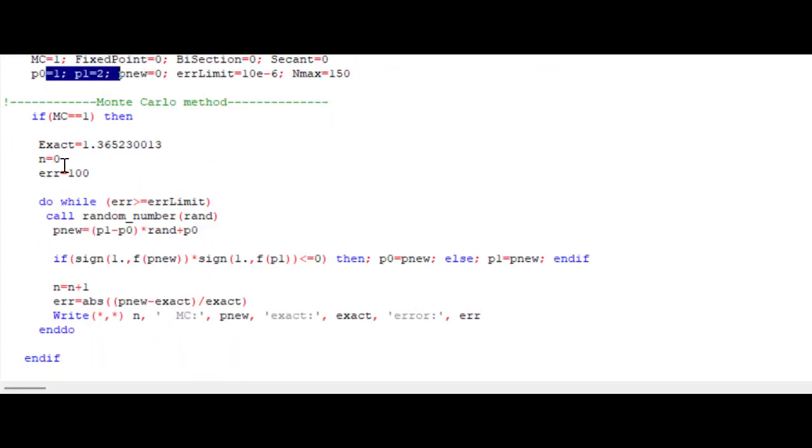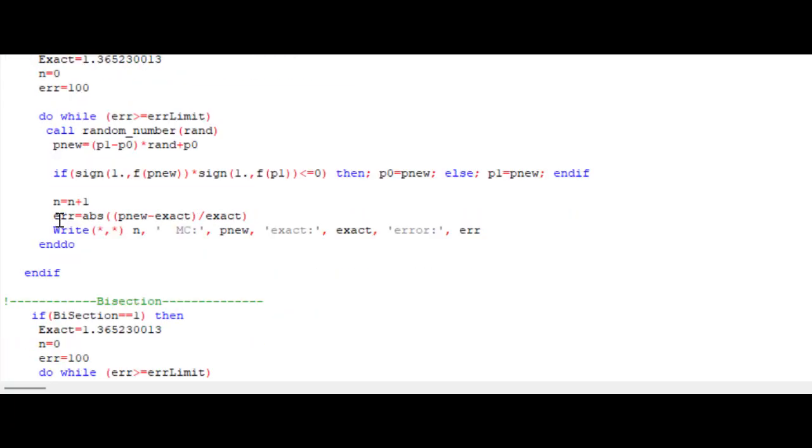And the Monte-Carlo method works based on generation of random numbers. So n is the number of random numbers generated to reach the error limit. This part generates a random number and saves the results in the parameter rand.